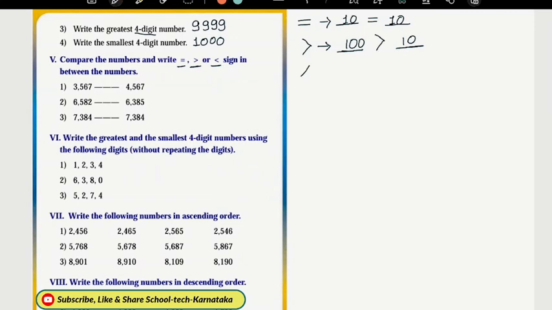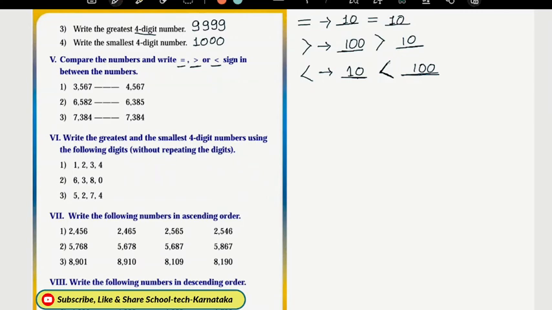And the smaller than symbol is used when the number on the left side is smaller than the number on the right side. For example, we have 10 and 100. So on the left side we have 10 and on the right side we have 100. Since 100 is greater than 10, we use this symbol.